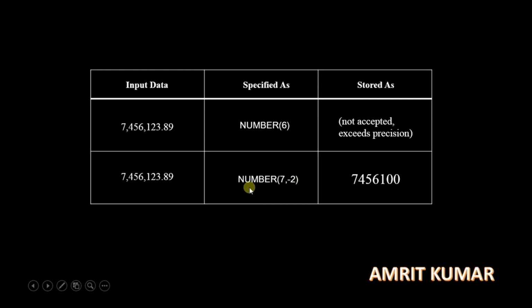So what number is going to be stored here? It's simple: 7456100, because it will not store the decimal value. Instead it will round the value, having zeros in this place, that is 00.